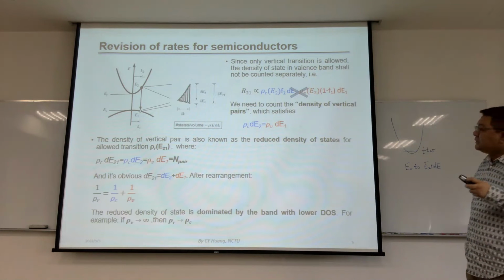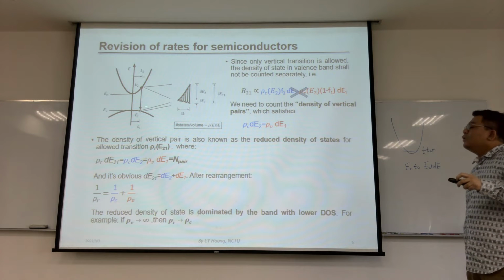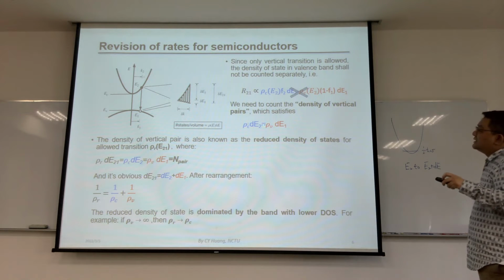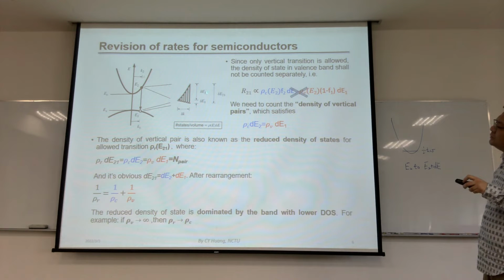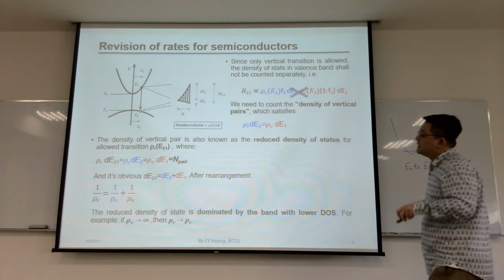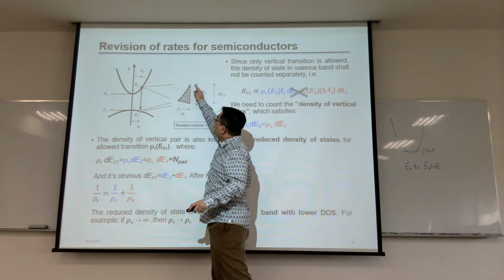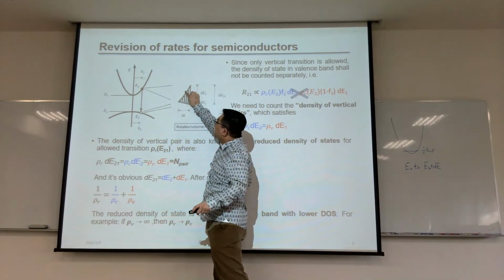The second revision is that because the band is continuous and the transition must be vertical, while you're counting a small level from dE2 and dE1, dE2 plus dE1 is delta E21. And since the transition is vertical, you cannot count a transition from this side to the other side.